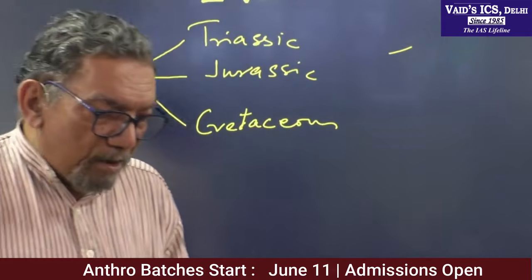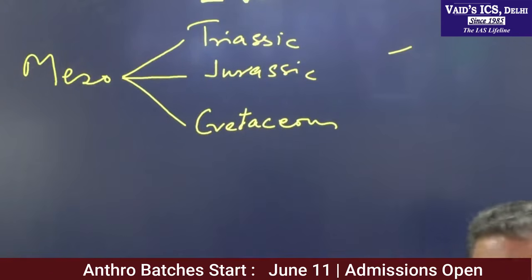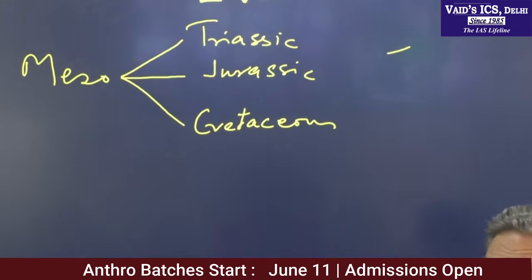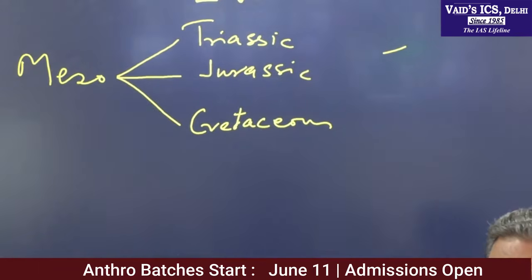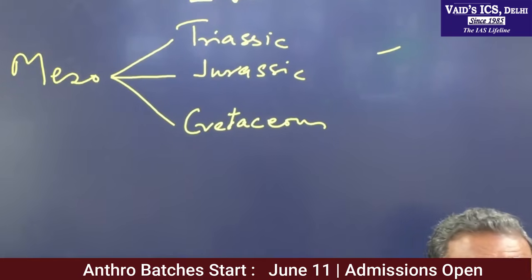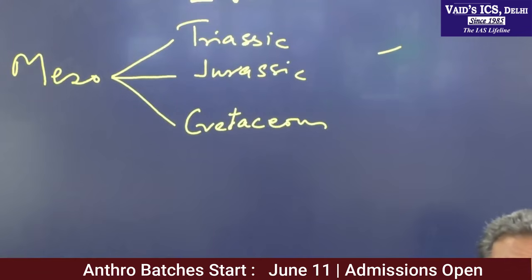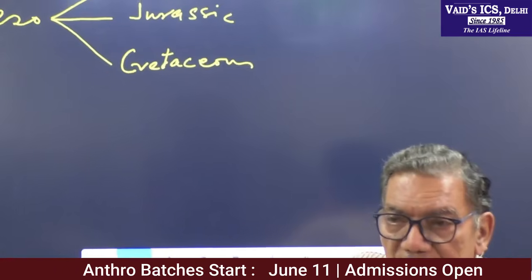In Triassic, first evolved reptiles, and ancestors of birds immediately thereafter. Who are reptiles? Crawling, snakes and lizards.